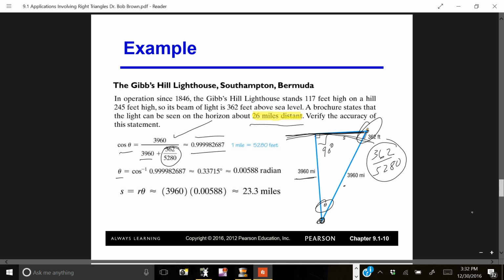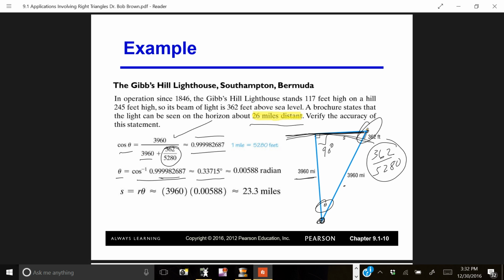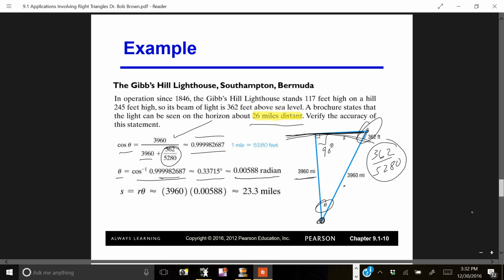Therefore, theta is equal to the inverse cosine of 0.99..., which is equal to 0.33715 degrees, which if you convert to radians, or you could have had your calculator in radian mode, you would have gotten that the angle theta is 0.00588 radians.